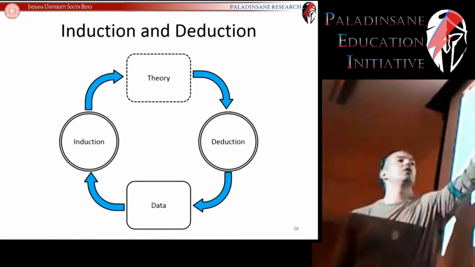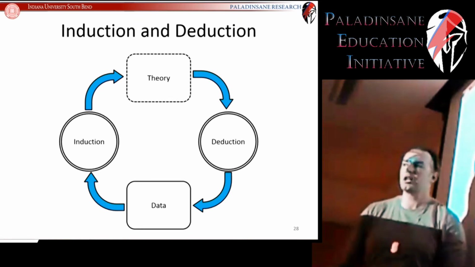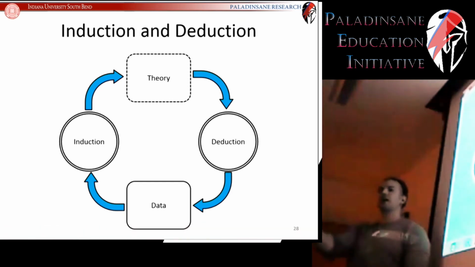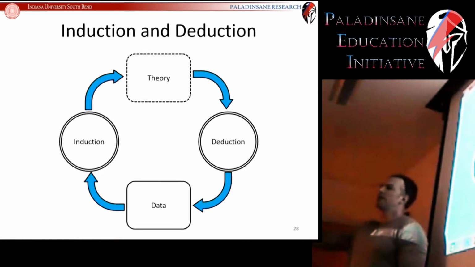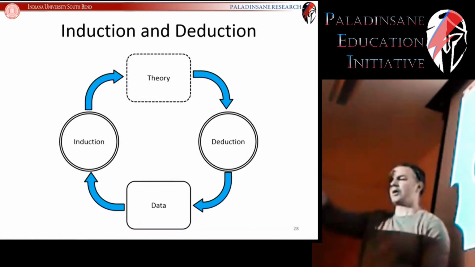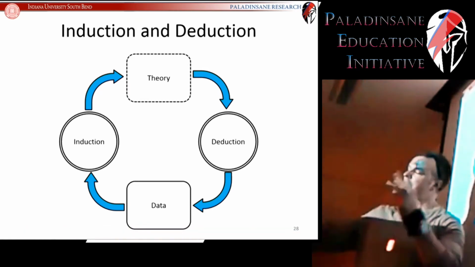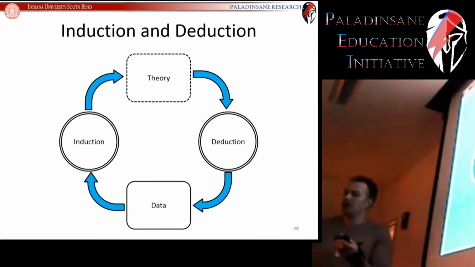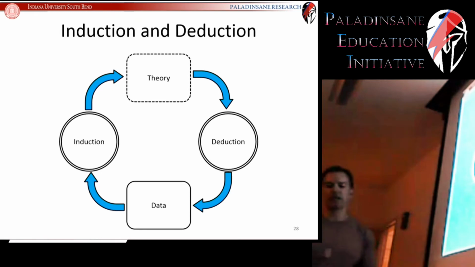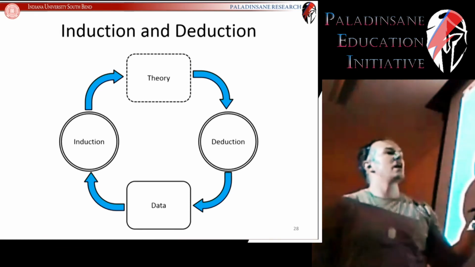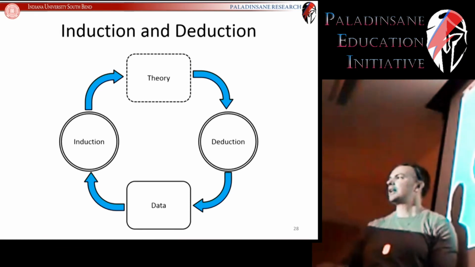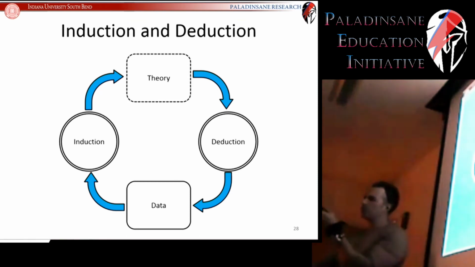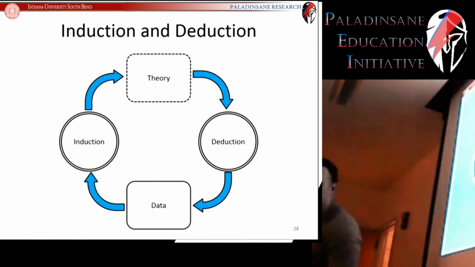So this wheel of induction is how ideas like Freud's psychoanalysis eventually got discarded for behaviorism, and then behaviorism eventually got discarded for cognitive psychology. It's how new theories emerge and old theories get discarded. And each spin around this wheel gets you closer and closer to the truth of what's actually happening.